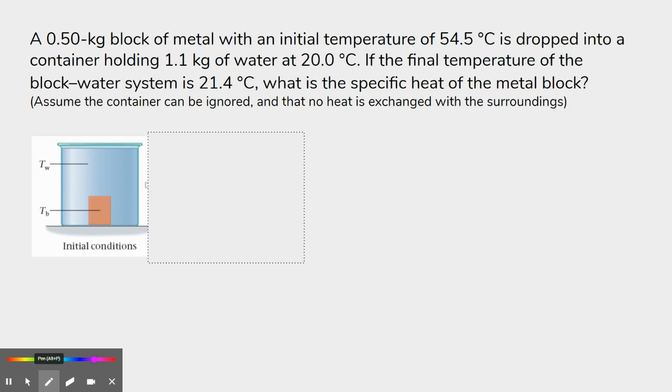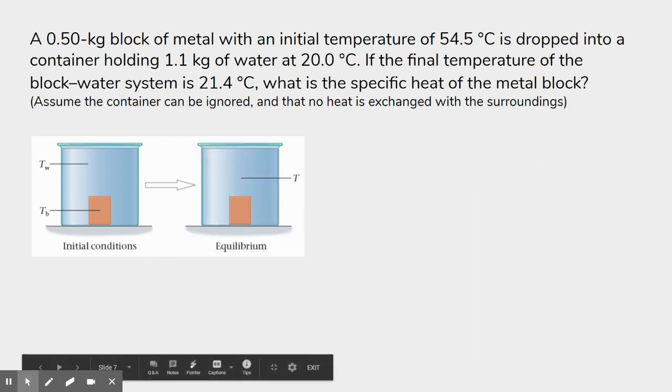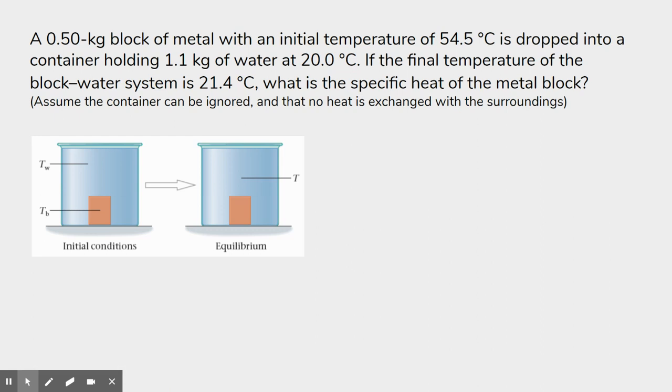And then knowing the specific heat will allow us to identify the block, though we don't have to do that here. We're going to ignore the container and assume that it is perfectly keeping all of the heat inside of the container. So here's what it looks like after. It starts at the temperature of the water and the temperature of this block, and it ends all at the same temperature. So that's going to be very important.